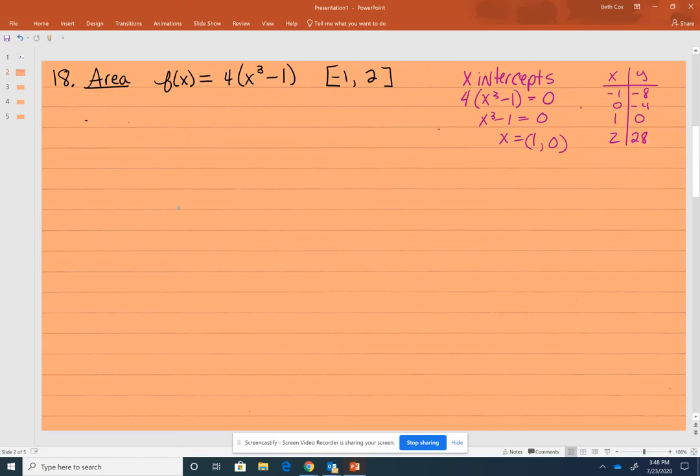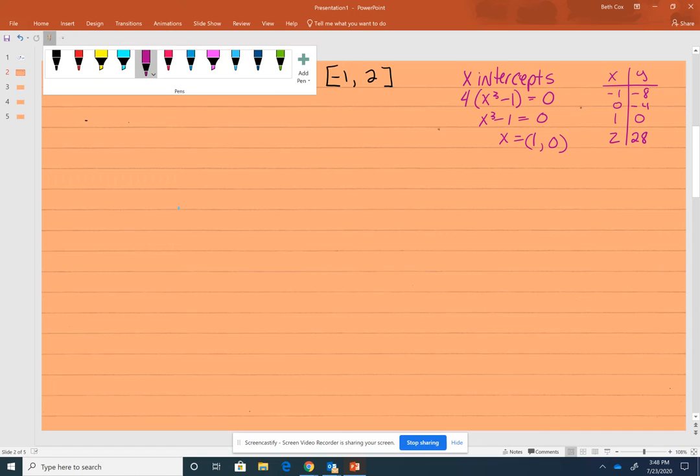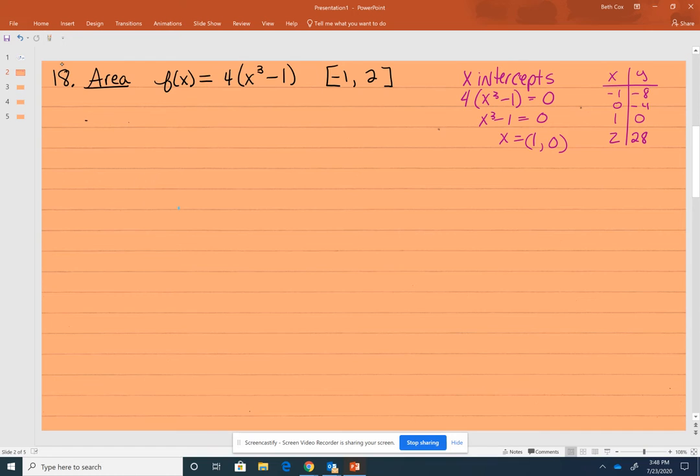Okay, so I'm going to do a little sketch here of this graph. The better you are at graphing, the quicker you can get something like this done. But -1, 0, 1, and 2.